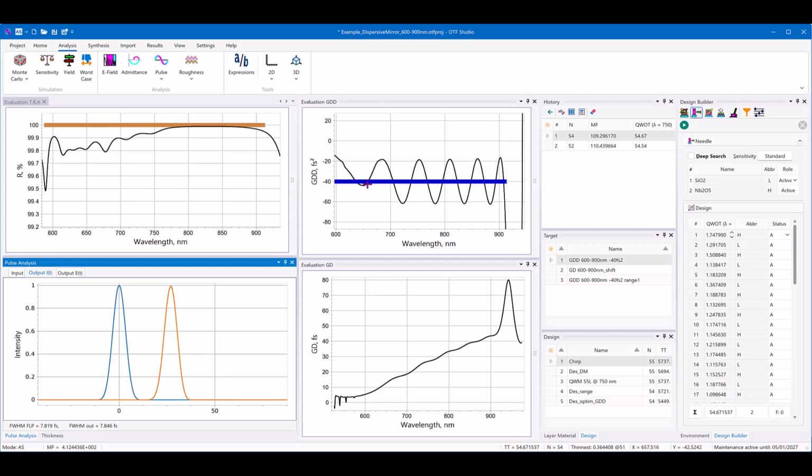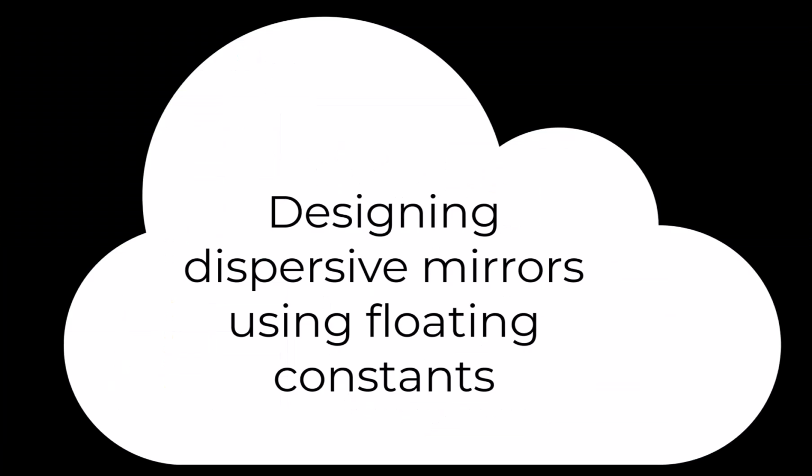And now I will show another design tool, another design approach that will help you to solve such challenging design problems with dispersive mirrors.